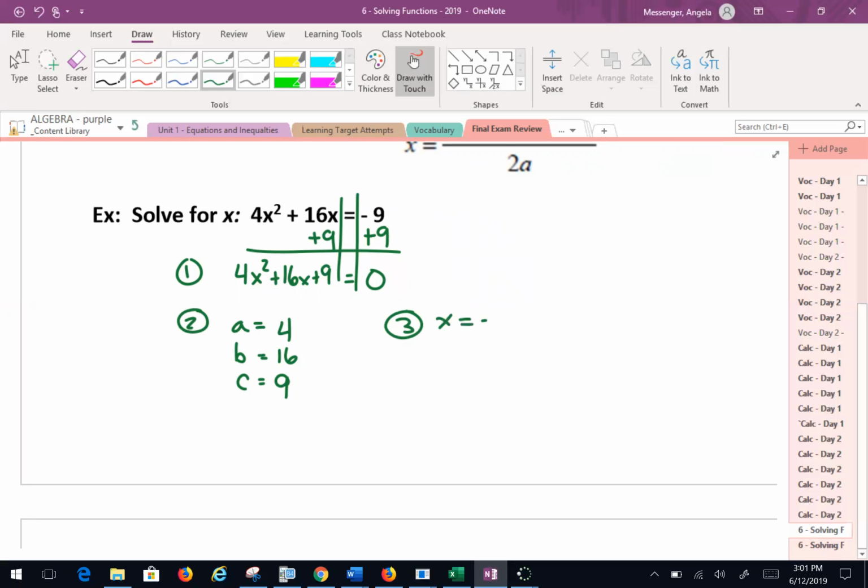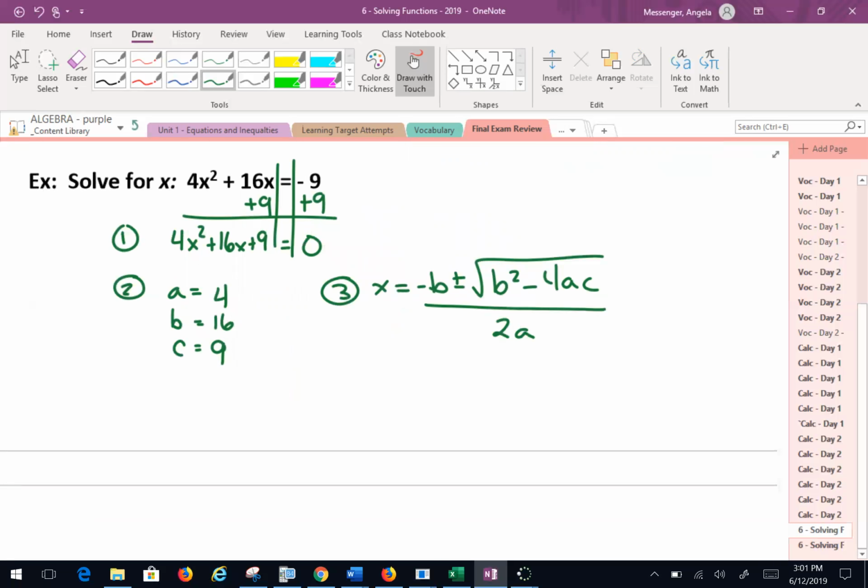Okay, so I'm going to first start by writing the formula. And again, you do not need to memorize it. You just need to grab it from the formula sheet. And what do I need to put around every single number? Parentheses. So negative parentheses what? 16 plus or minus parentheses 16 squared minus 4 times parentheses 4, and then another set of parentheses 9, all over.